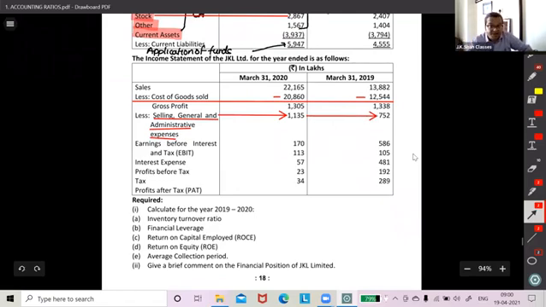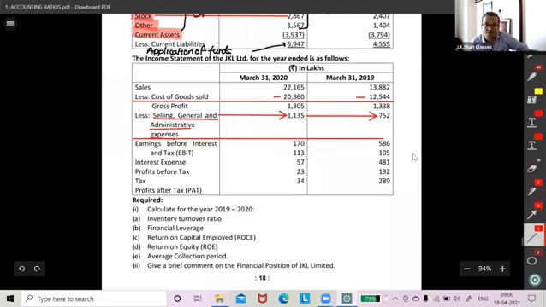Right? So after subtracting this, you know what? See, I told you now, reading the question becomes so important. After subtracting this, what will you get? You'll get earning before interest and tax, EBIT. Now again a line is missed. So interest expenses are over here.